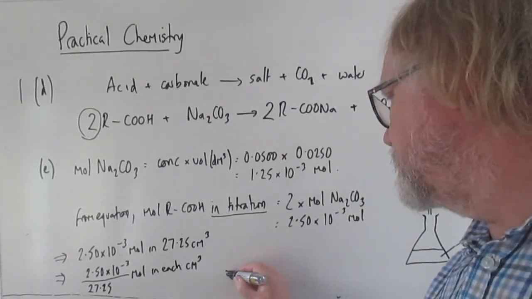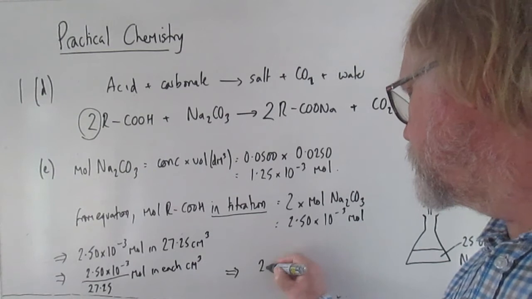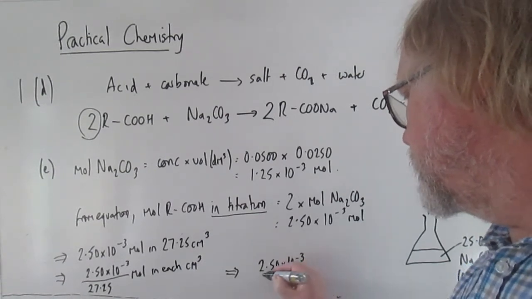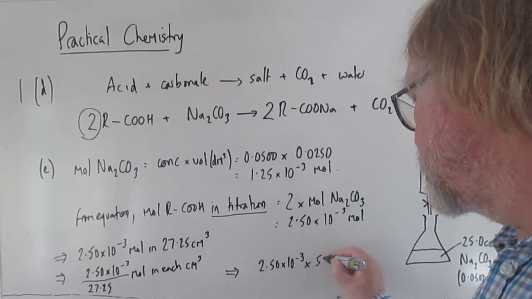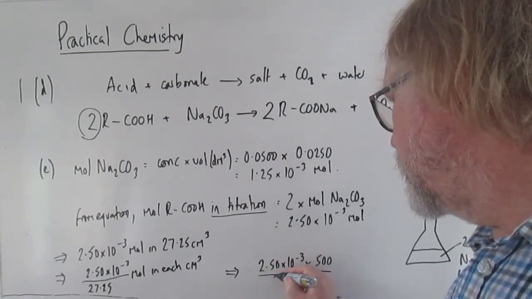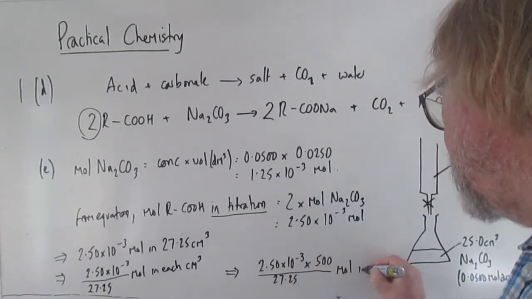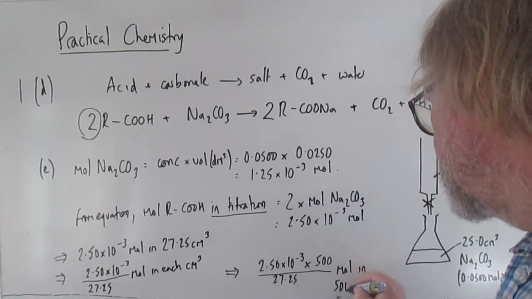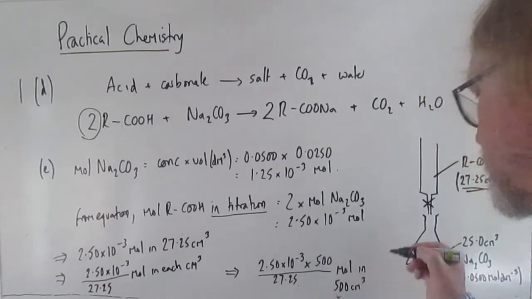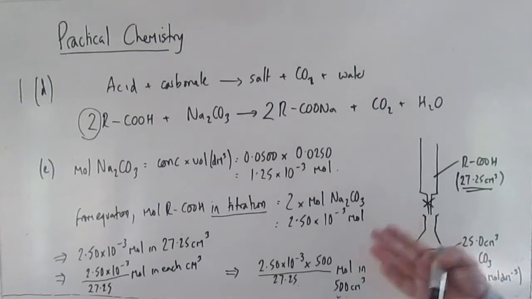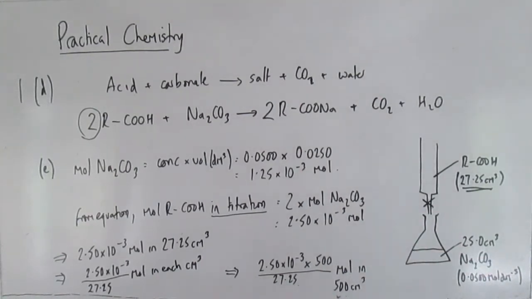And that in turn means that we have 2.50 times 10 to the minus 3 times 500 over 27.25 moles in 500 cm cubed. So that's how the scaling up works, and if it helps you, you can break it down into 2 steps like that.